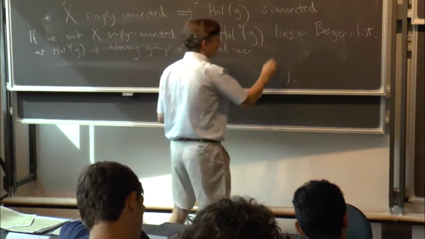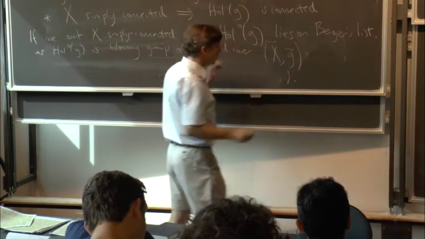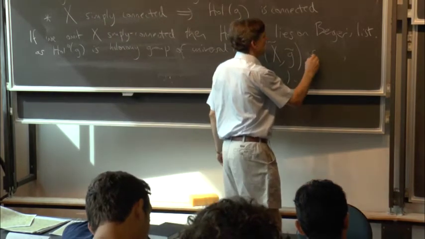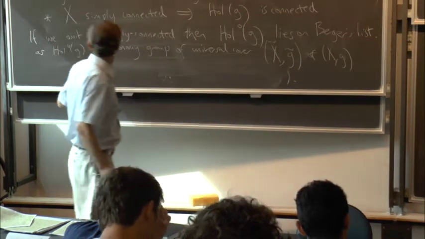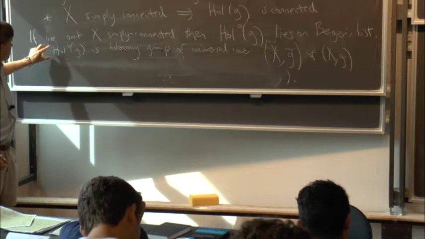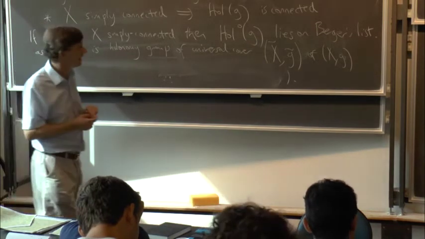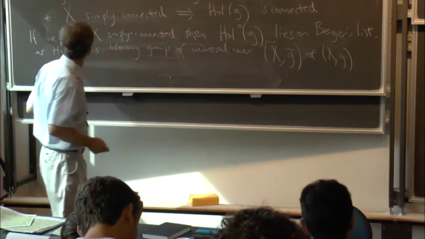We can take the universal cover, X tilde of X, and we can lift the metric to a metric on the universal cover, and then that will be simply connected. And then Hol(g) will be the extension of Hol_0(g) by a finite or countable group. So you'd have to do some group theory to find out what the possibilities there are.